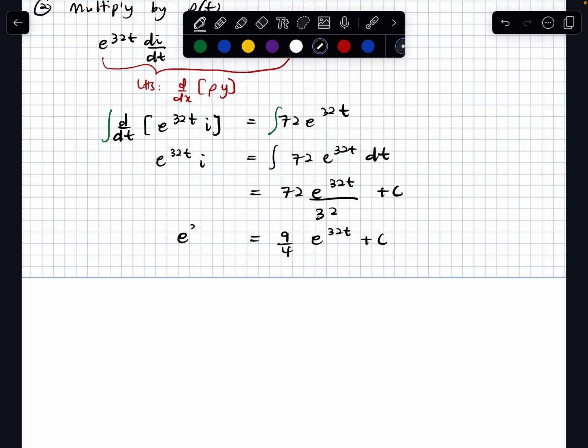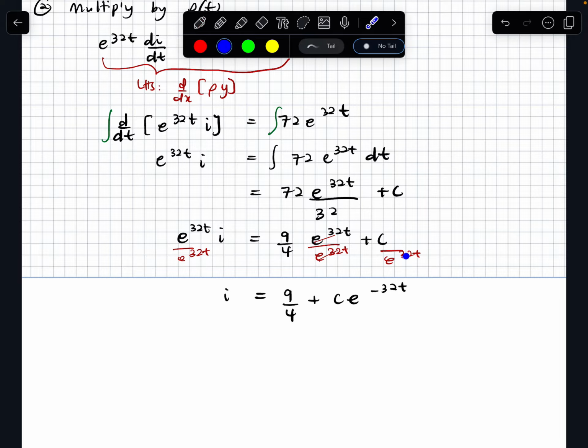What we have here is e^(32t) I. Remember, we want I as the function, so you should divide everything by the exponent to obtain I equals 9/4 plus C e^(-32t). Where this term is cancelled, and for this term we bring it to the upper part, so it becomes negative.